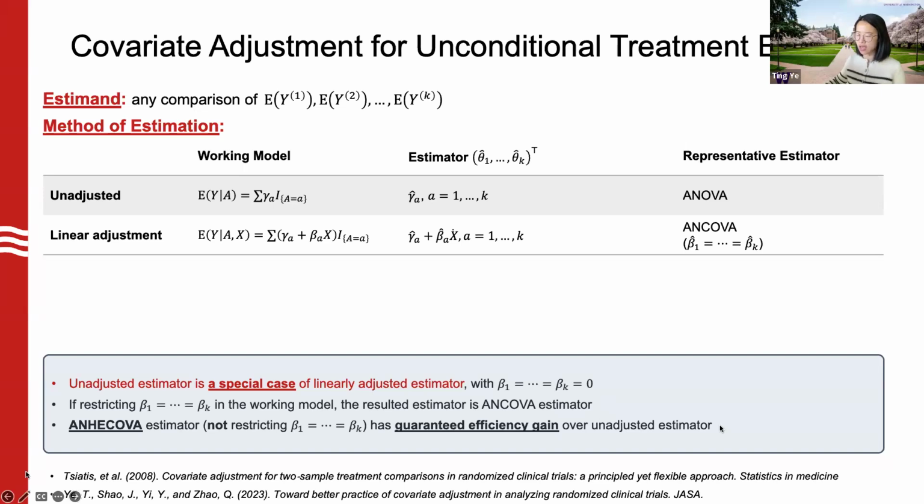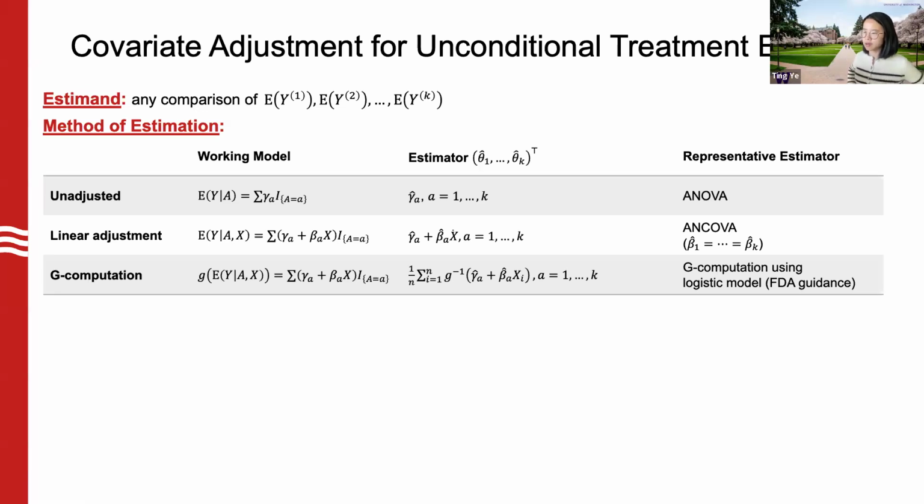So that's nice. We have some guarantee that covariate adjustment will do no harm. And this is different for the ANCOVA estimator, which does not include treatment by covariate interaction. So it's possible that when the treatment by covariate interaction indeed exists, then the ANCOVA can lose efficiency over the unadjusted estimator.